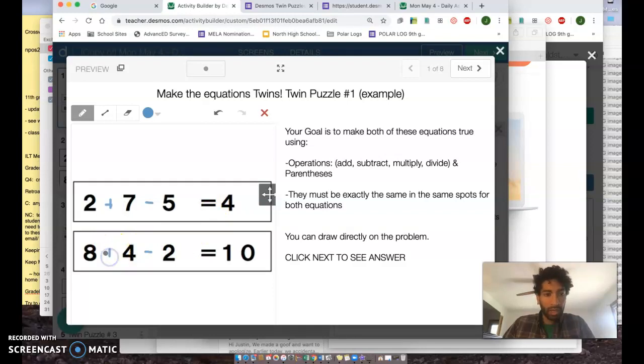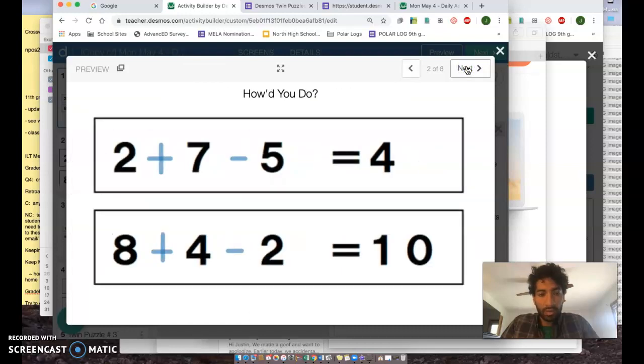We add 8, we get 10. But since we want to do subtraction first, we have to put parentheses around these two. Then, not for this one, because I actually give you the answer, I think. Oh, I guess we don't have to put parentheses, because 2 plus 7 is 9, minus 5 is 4. You can, but you're right, you don't have to.